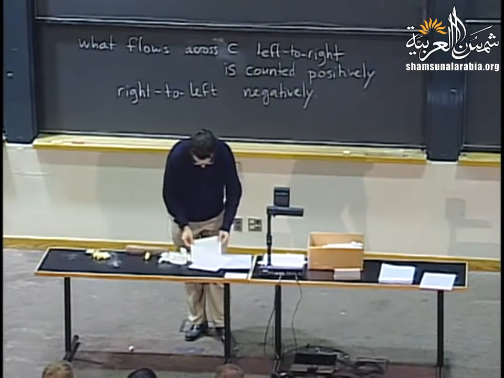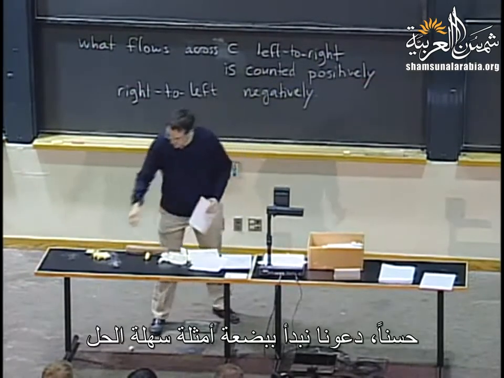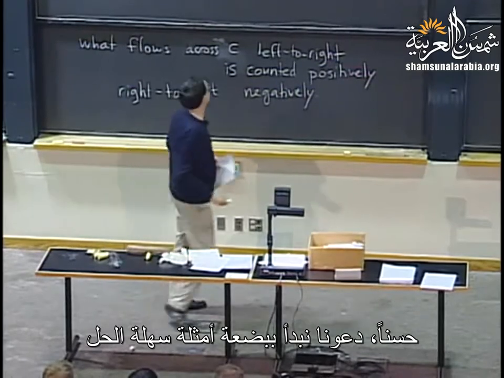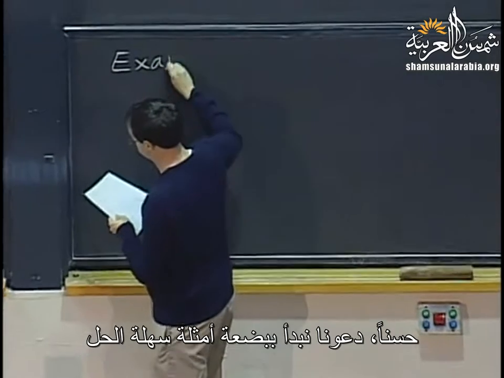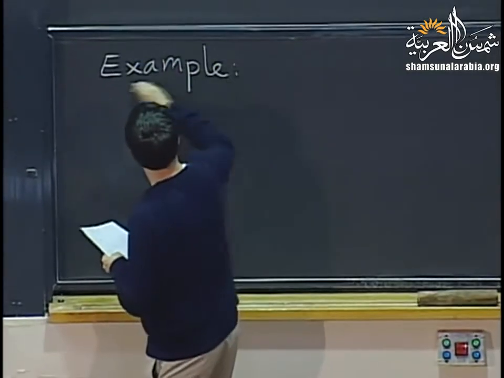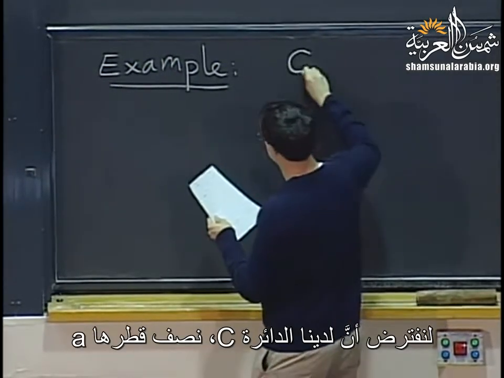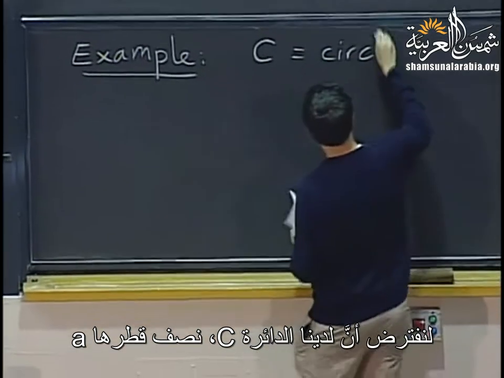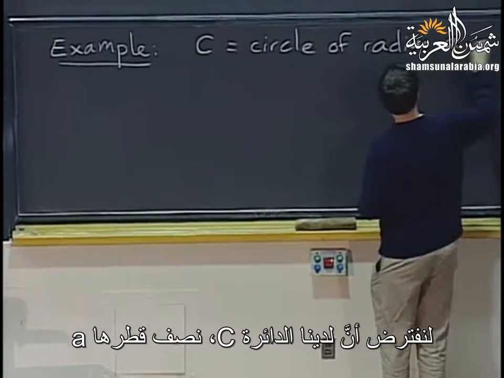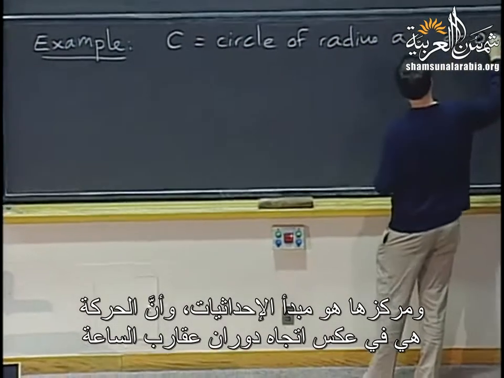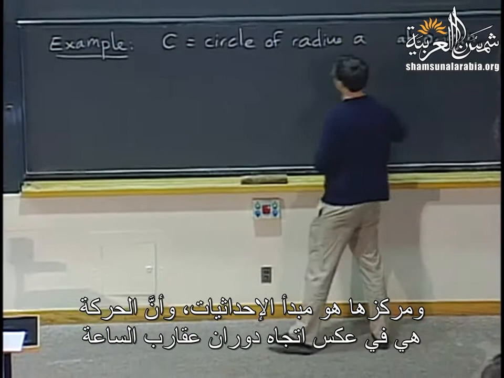So, let's start with a couple of easy examples. Let's say that C is a circle of radius a centered at the origin, going counterclockwise.